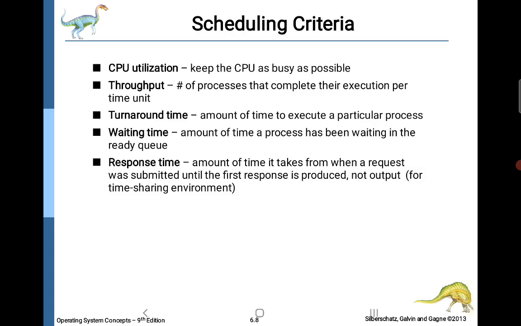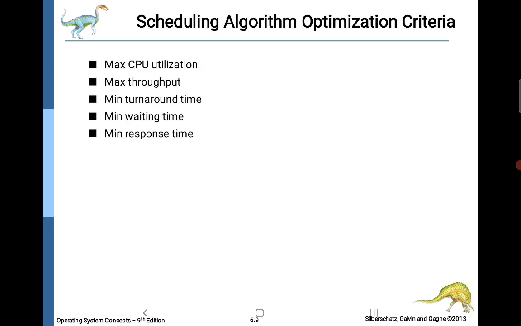This is what appeals the user. And user satisfaction, if you remember, was one of our main objectives. With this in mind, we will look into a few scheduling algorithms.